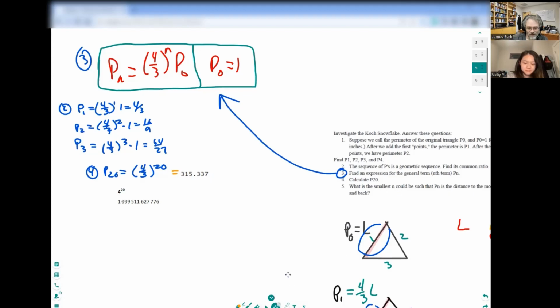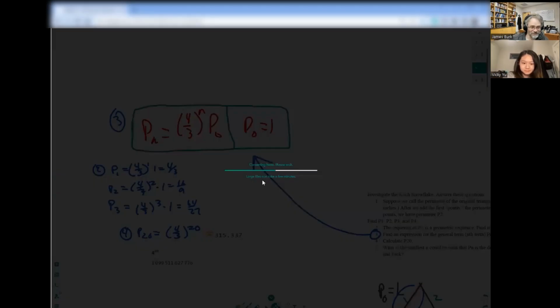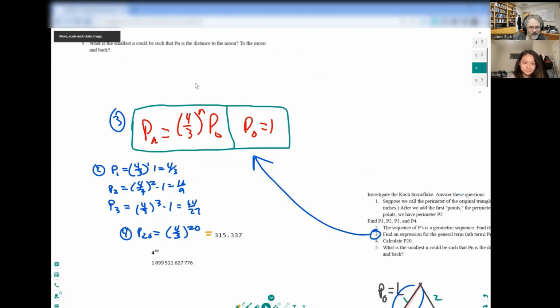Now, number 5, that's a fantastic question. I'm loving that question. What's the smallest value you can get to the moon and back? You don't want to stay there, do you? How far is it to the moon? Let's find out.